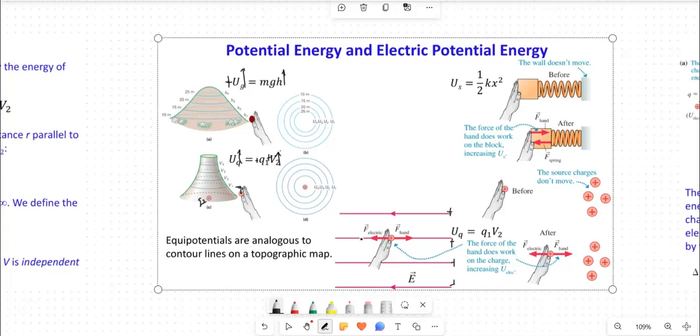Okay, so potential, we are going to begin working with energy again in the actual next part of this module.